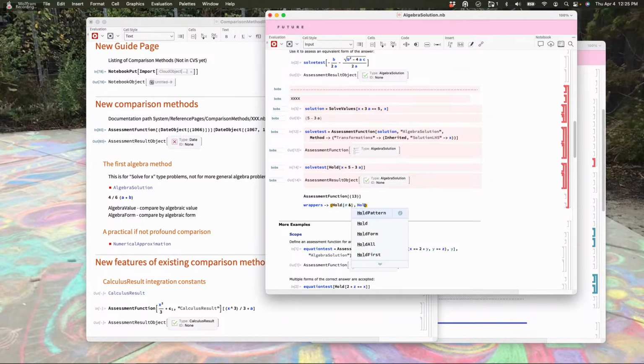I'm not sure this is right. I don't understand how people are going to type in x equals whatever. Who's going to look for that?